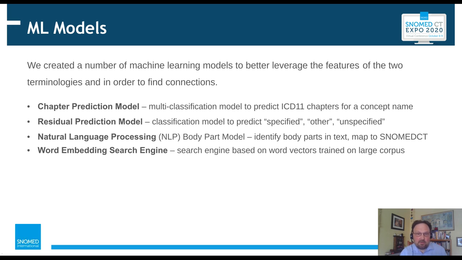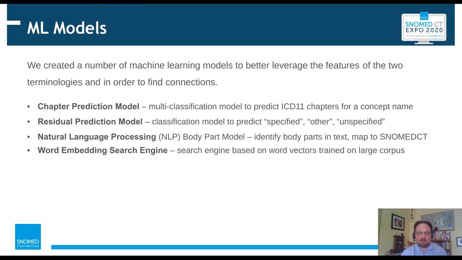We built an NLP model for this. This is something we'd like to extend further in the future, and essentially, built this as a body part identification model. So in both SNOMED and ICD10, ICD11, essentially what it does is we pre-annotated some strings by identifying body parts using matches to SNOMED, and then trained a model that would take an arbitrary string and predict text within that string that represents a body part.